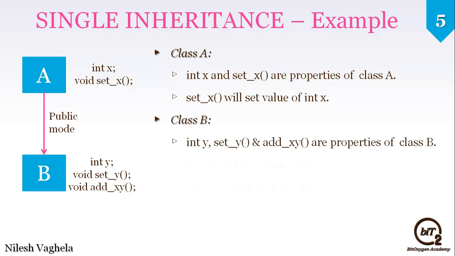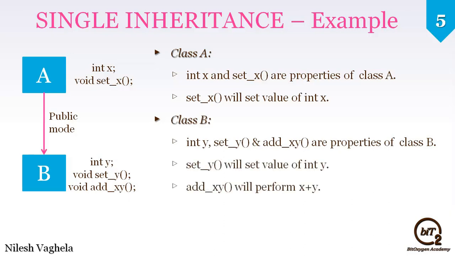Set y will set the value of y and add_xy will perform x plus y. So what we are trying to achieve over here is we will inherit or borrow the data of x into class B by inheritance, and then we will perform x plus y. Now if we make this into inheritance, as we know it is publicly inherited.